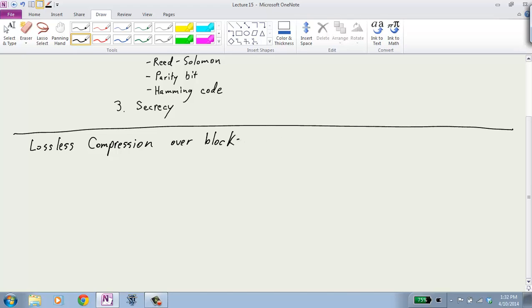So we saw already with Huffman that we had a bound on the performance in terms of entropy, right? The entropy of the information is less than or equal to the expected length for Huffman, with a little subscript h for Huffman of x, which is less than the entropy plus 1 in bits.